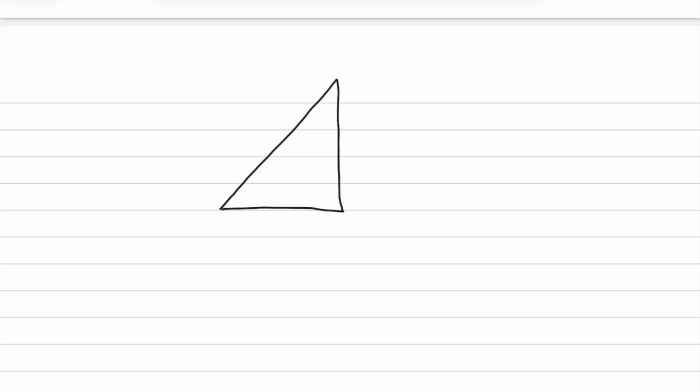Please follow me. Let me say this is 90 degrees. This is O, A, P. And this angle is theta.